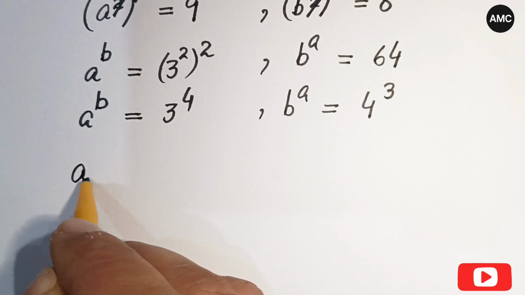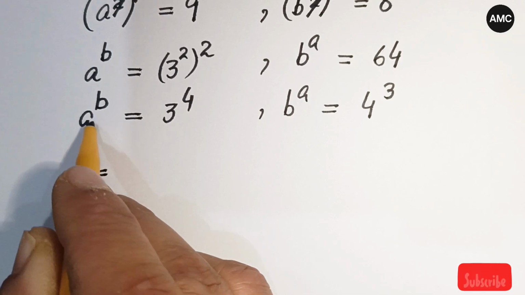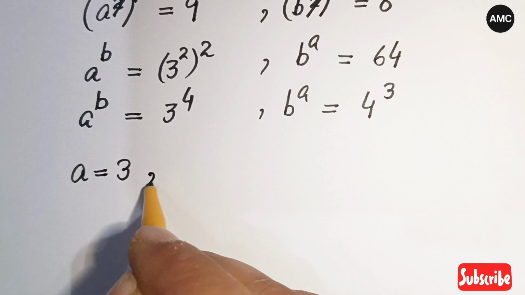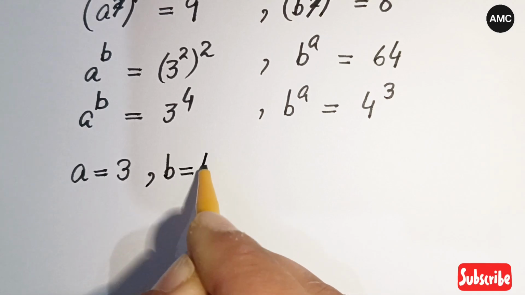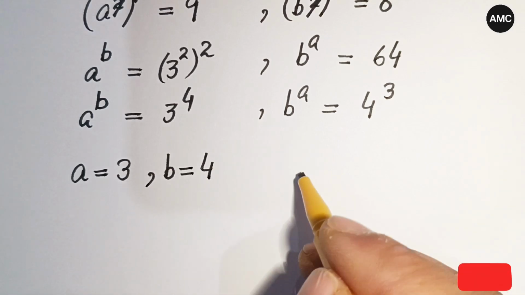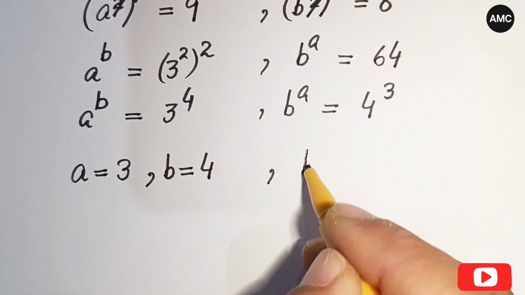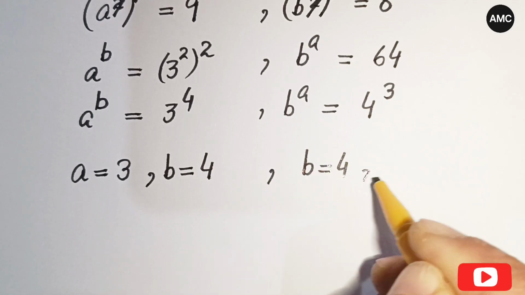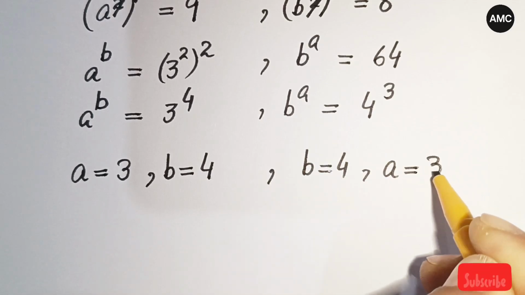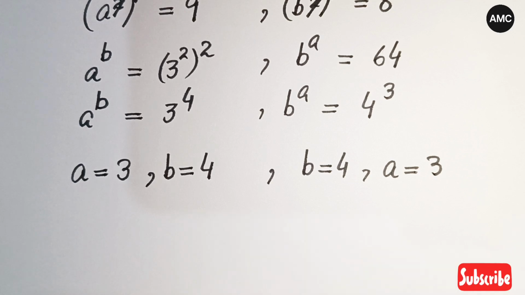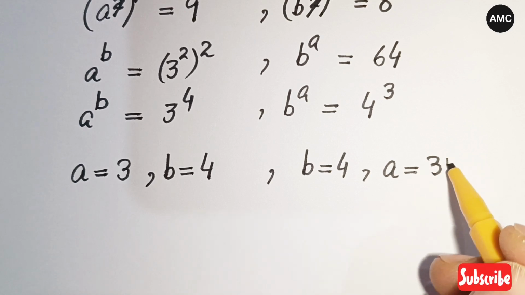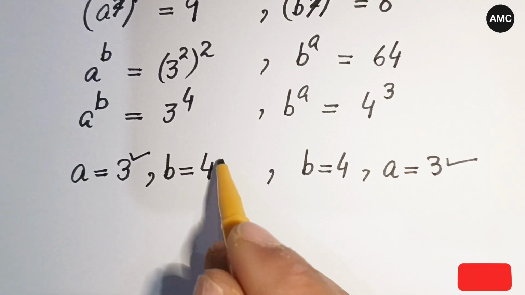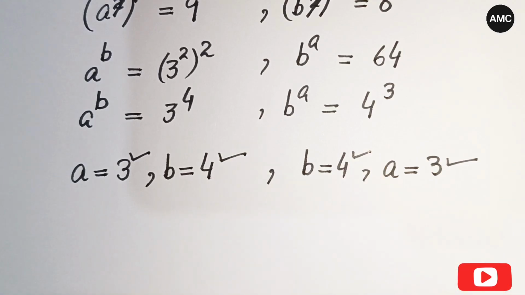So by comparing bases and powers, we get a is equal to 3 and b is equal to 4. Similarly from this one, we see that b is equal to 4 and a is equal to 3. So here we have the value of a is 3 and the value of b is 4, both are the same.